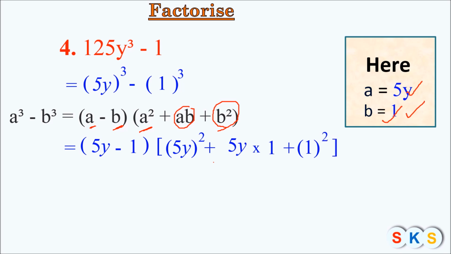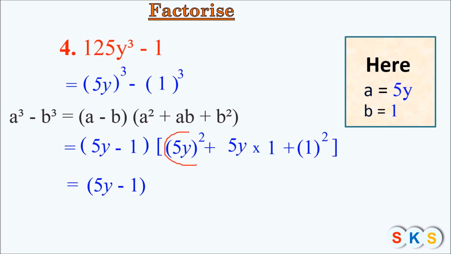After substituting the values of a and b, we will go for further simplification. So we will get, look at the first bracket, it has 5y minus 1 and it is already in simplest form. It cannot be simplified further, so we will copy this bracket as it is. Now look at the second bracket, the first term is 5y the whole square.